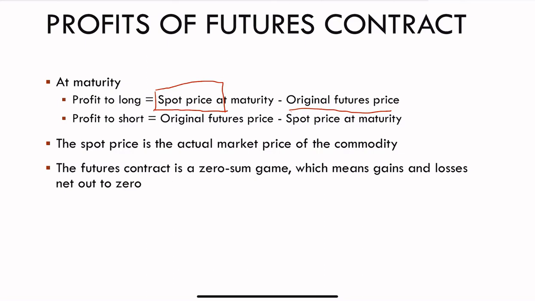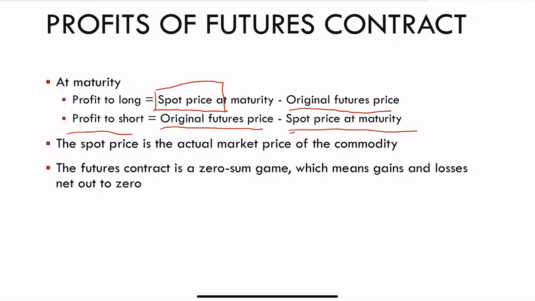If you're taking the opposite position, that is, a short position, then obviously your profit would be the negative of the long position's profit. So it would be the original futures price minus the spot price at maturity.